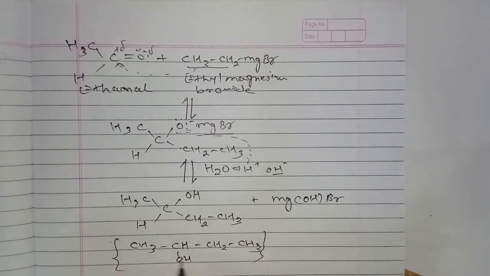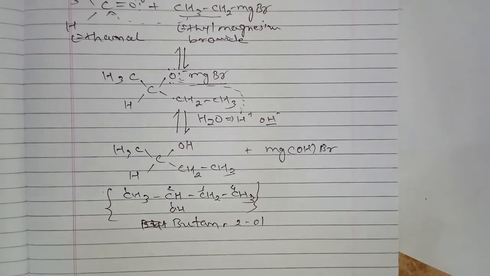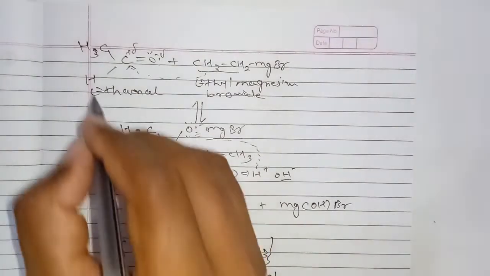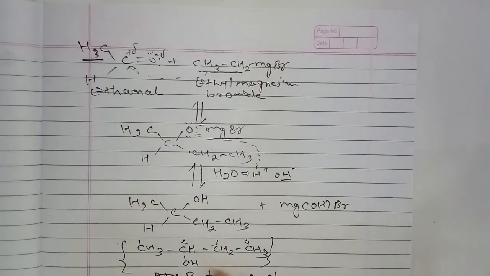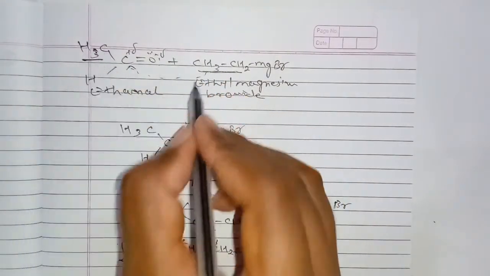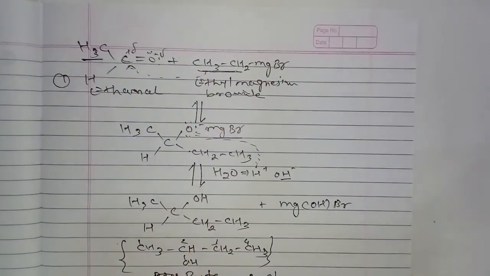There is a 4 carbon chain, 1 2 3 4. Its name will be butan-2-ol. Now here, there is a change in this reaction.